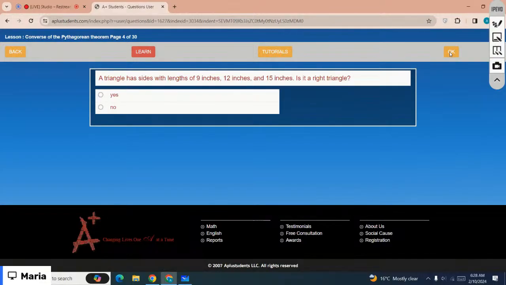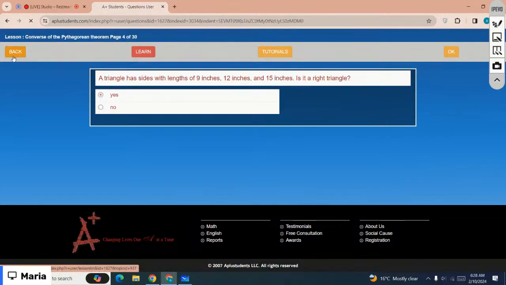No, this isn't a right triangle, right? 12 square is 144 and 81. Yes, that is a right triangle, right? Because 15 square is 225. So yes, that is a right triangle.